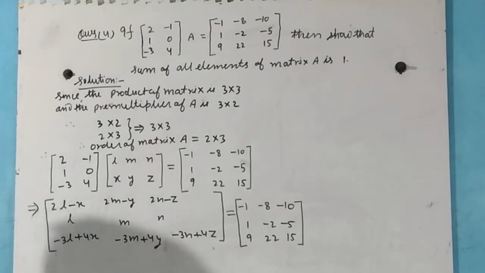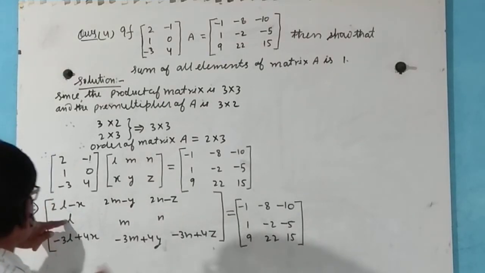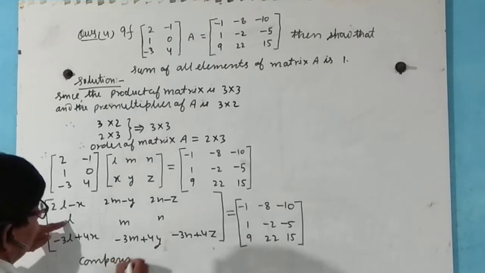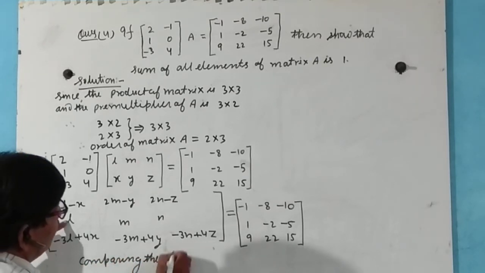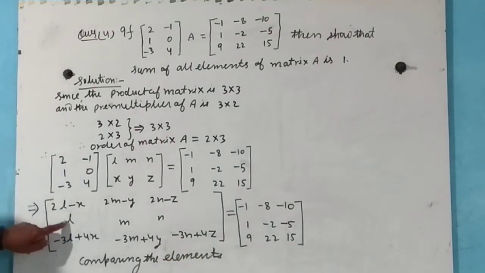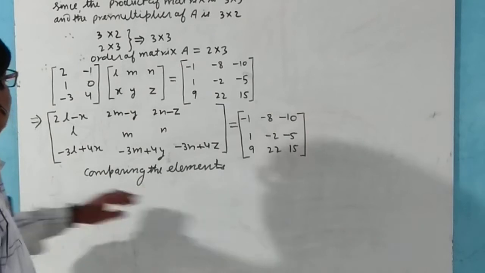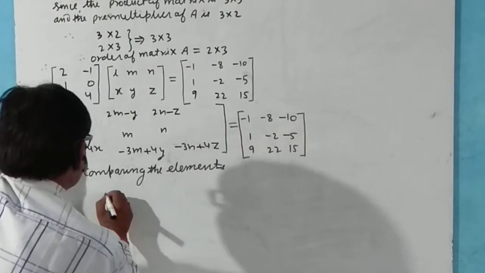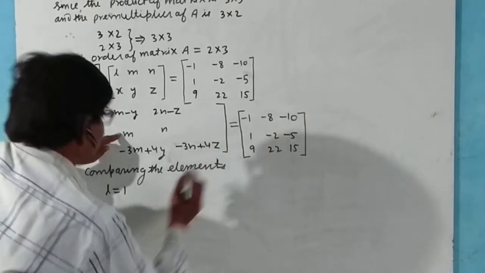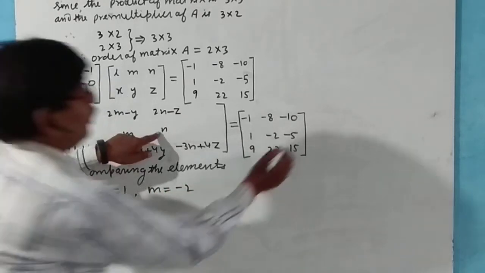Now compare the elements here: L equal to 1, M equal to minus 2, M equal to minus 5.